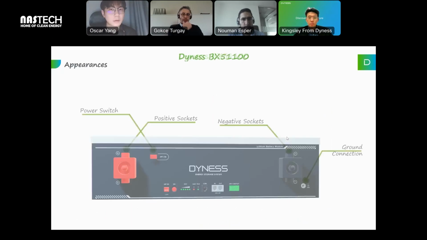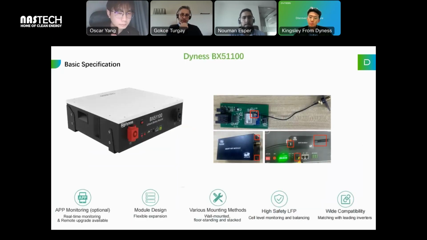Oscar, right away, yes, question. When you have one, and then if there is a cluster, let's say in parallel 5 or 10 pieces, this module will be reporting the overall voltage and overall charge levels of the whole cluster. Is it correct? Yes, it's correct.